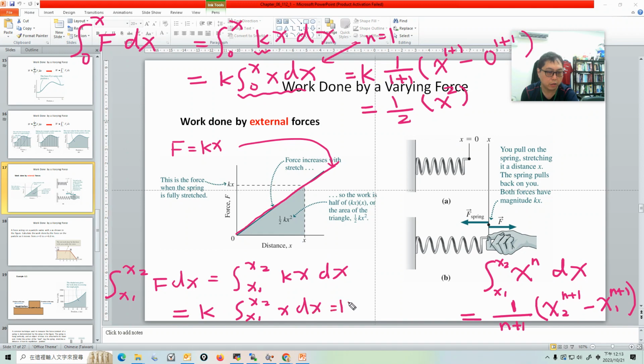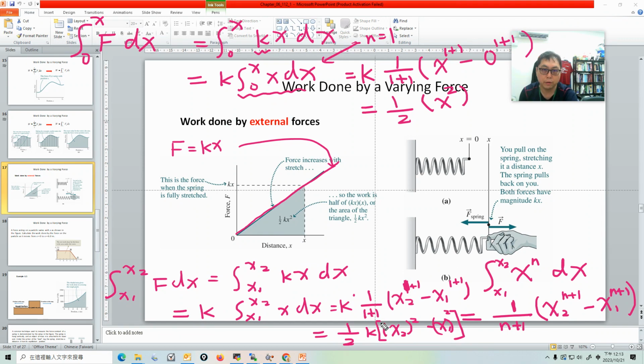Let's apply the integration rule again. n equals 1, so it's 1 over n plus 1, x2 to the 1 plus 1 minus x1 to the 1 plus 1. So it will become 1 over 2 k times x2 squared minus x1 squared. That's a simple integration rule.